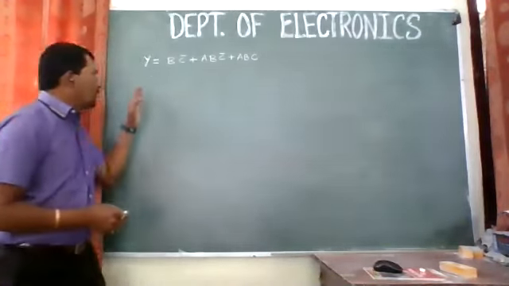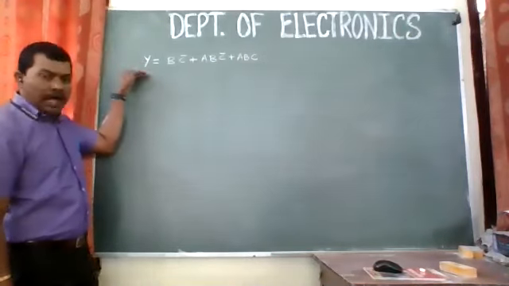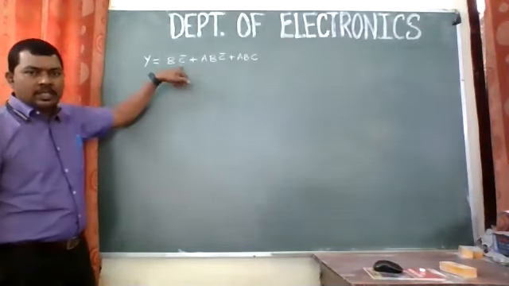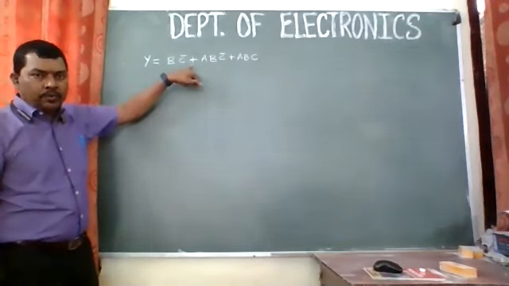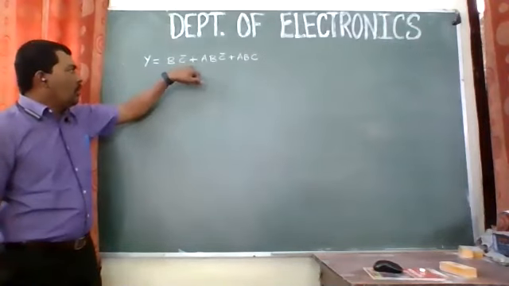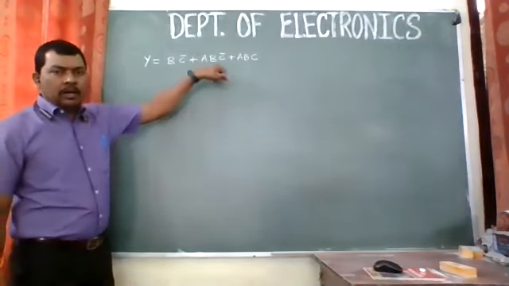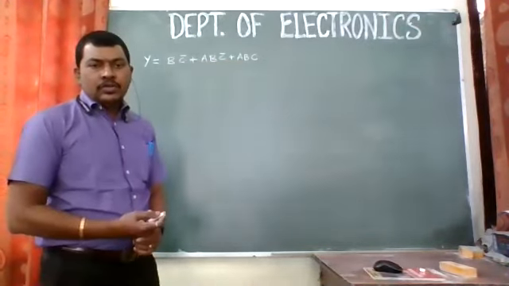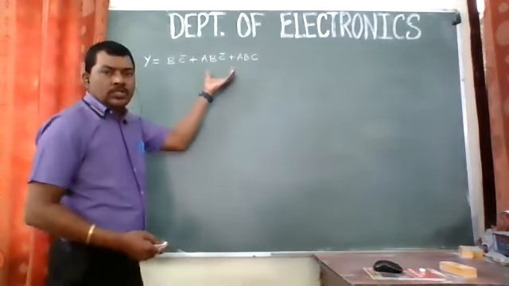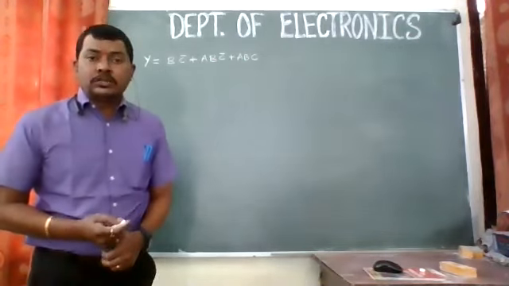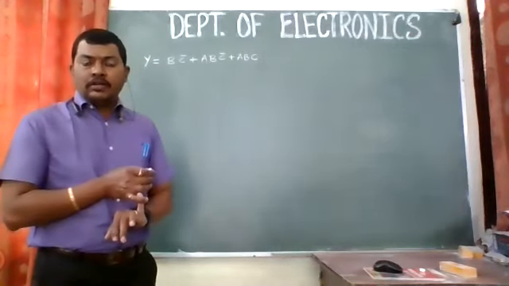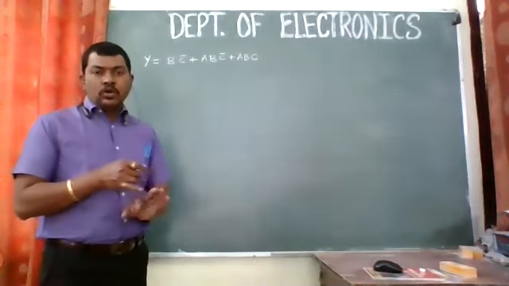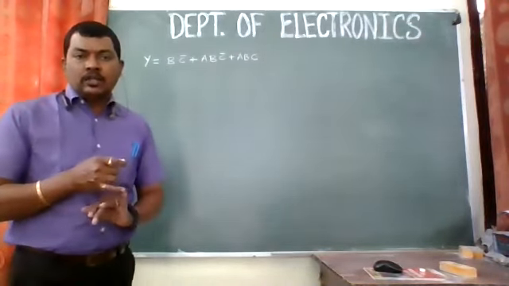So let us try this. Y is the output, and that is equal to B dot C bar plus A B C bar plus A B C. This is the equation that we need to simplify by using the six Boolean laws: associative, commutative, distributive, AND laws, OR laws, and the law of inversion.